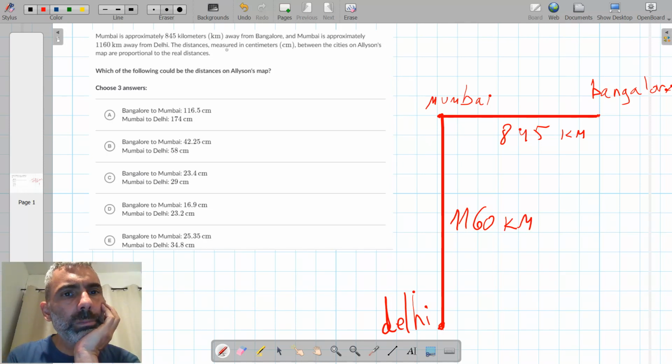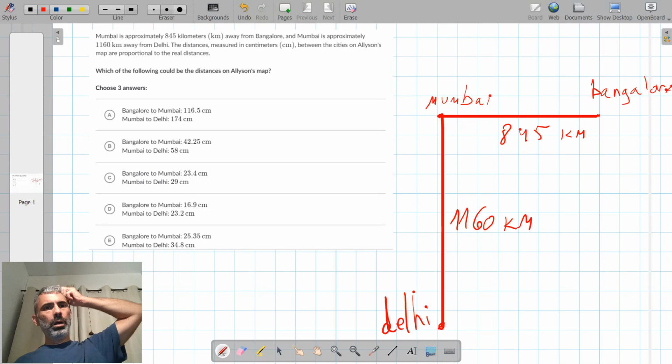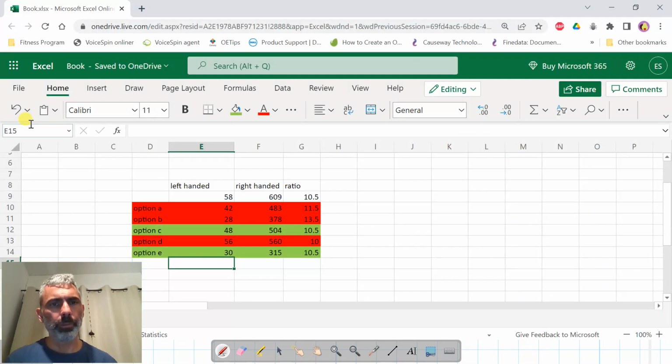The distances measured in centimeters between the cities on Allison's map are proportional to the real distances. Okay, which of the following could be the distances on Allison's map?